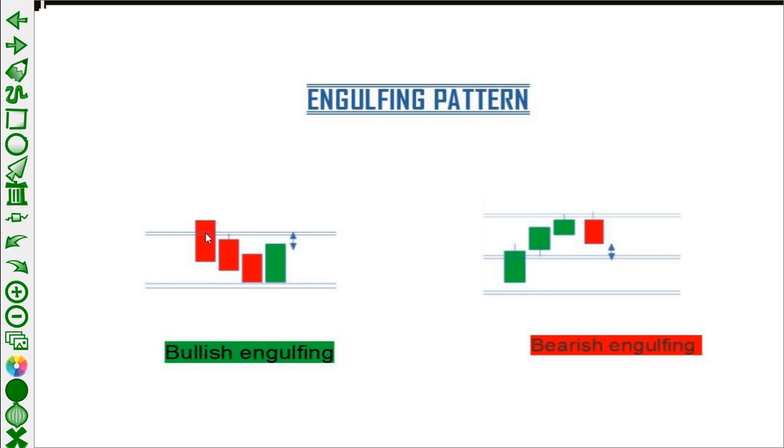In this image, you can see the market is coming down all the way through the resistance area, or you can say the minor sellers area, and it reached the support area. In the support area, you find a green candle which covered the whole body of the previous red candle, and it should cover at least 20% of the second left candle.